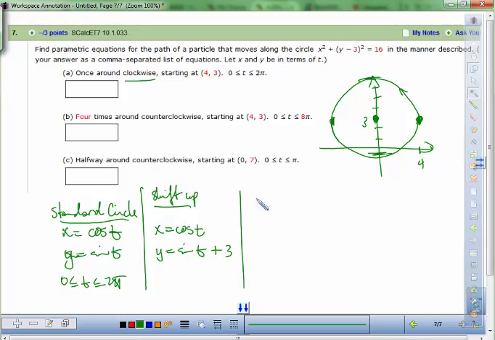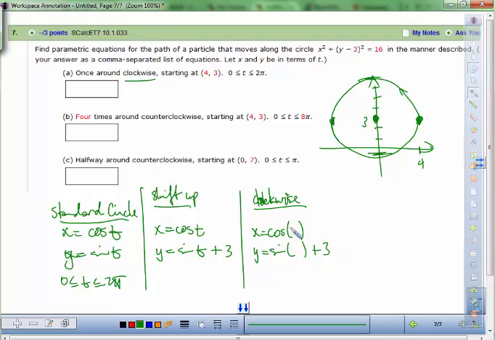Change the signs. So to go clockwise, basically to go the opposite way of the direction that you originally had, all you need to do is put a negative in front of the parameter, the t.